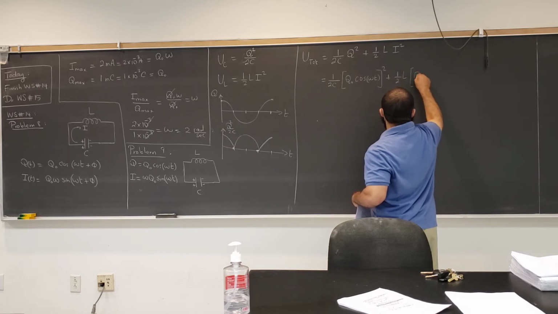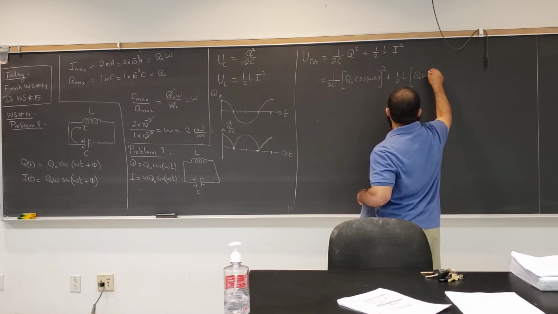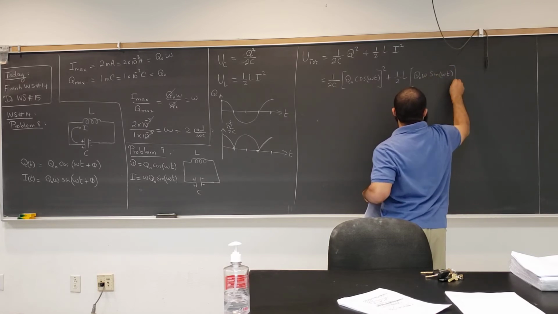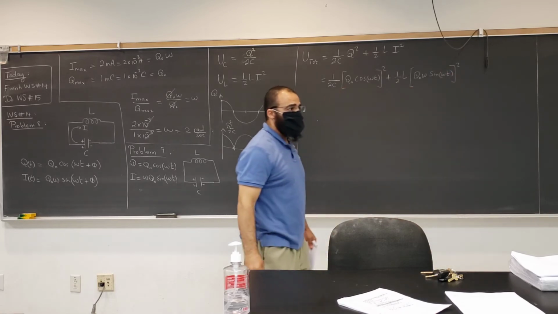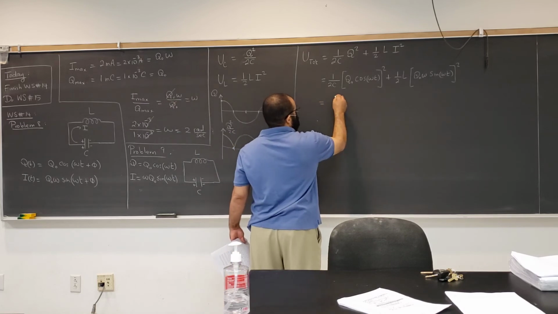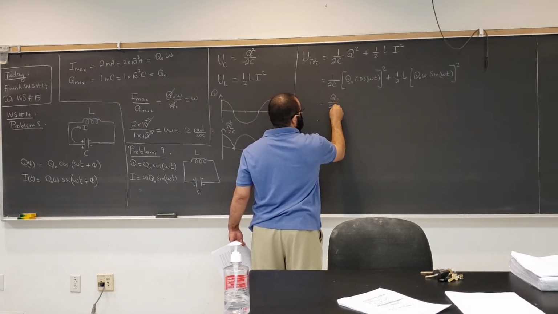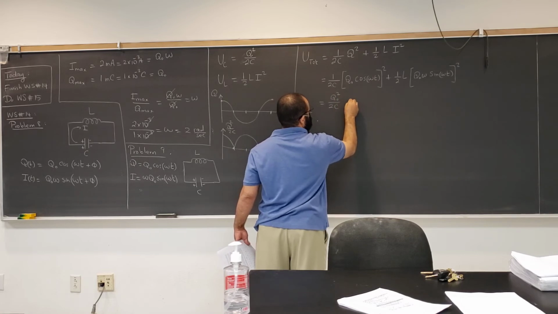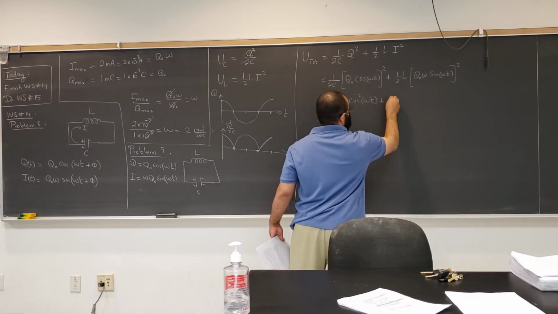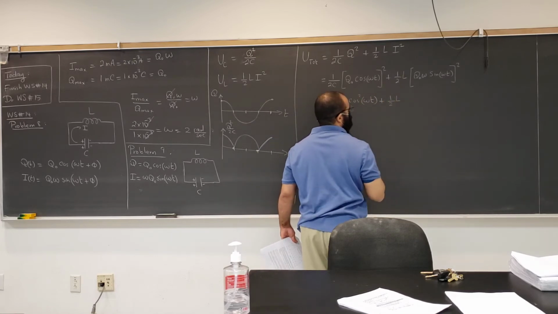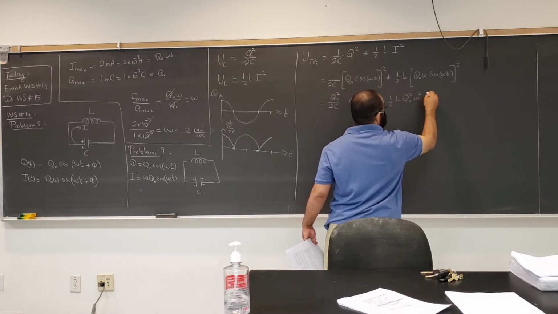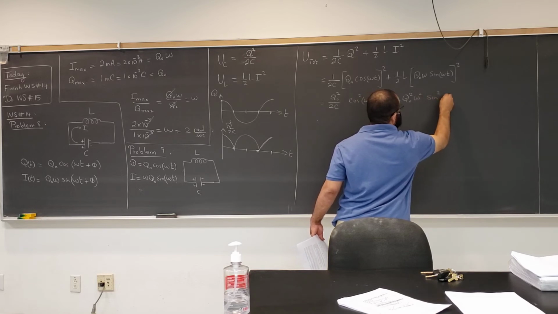But I is q naught omega sine of omega t, squared. So now let's square them. You get q naught squared over 2C, cosine squared of omega t, plus 1/2 of L, q naught squared, omega squared, sine squared of omega t.